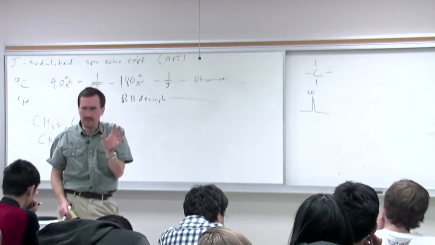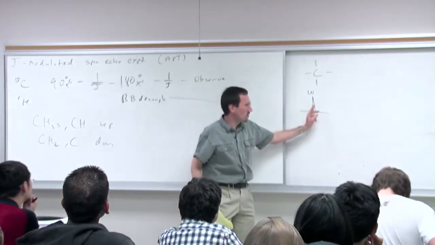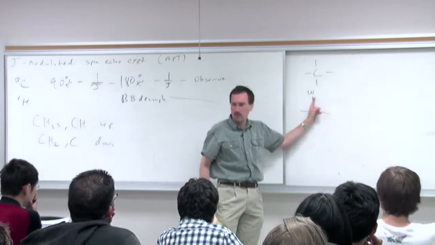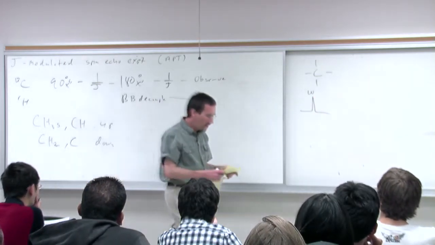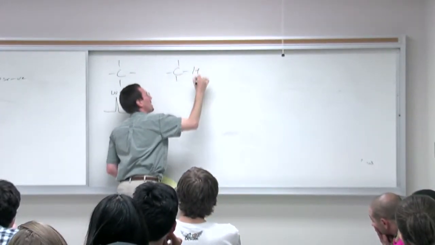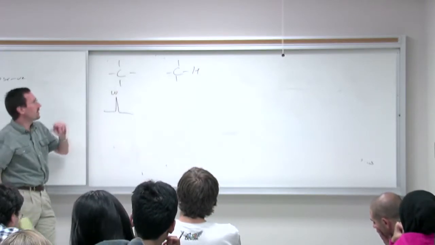So let us conceive of the rotating frame as being exactly tuned to the frequency of the carbon. So in the rotating frame, you're going at omega, which means here you're going to be going at 0.